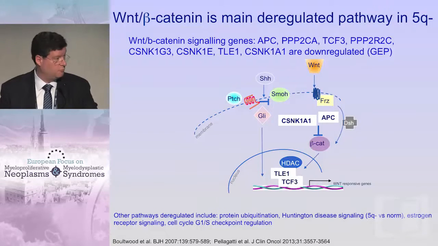Through this, p53 is stabilized and erythroid cell death occurs, which leads to anemia as the main consequence in the phenotype of the 5q- syndrome.